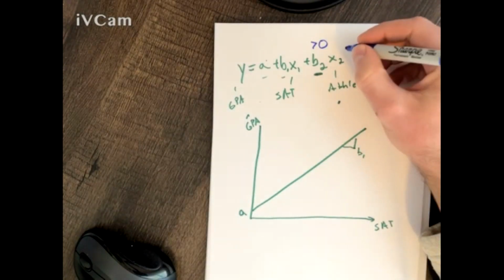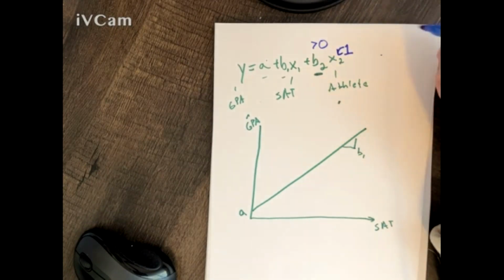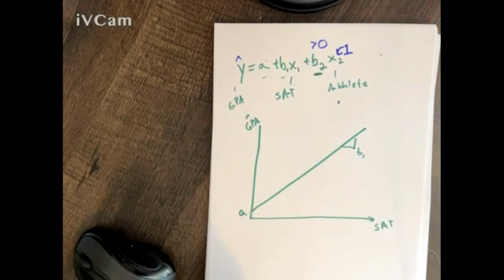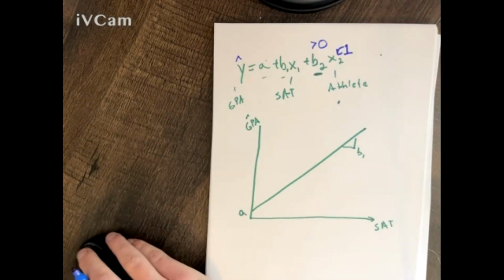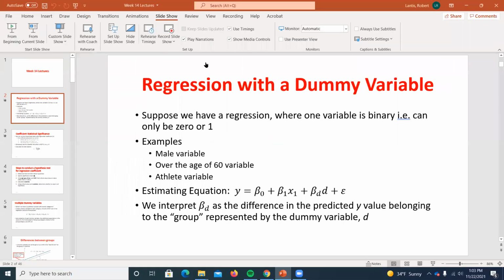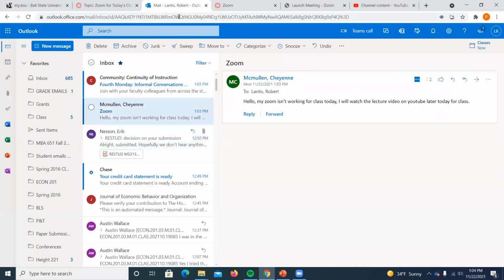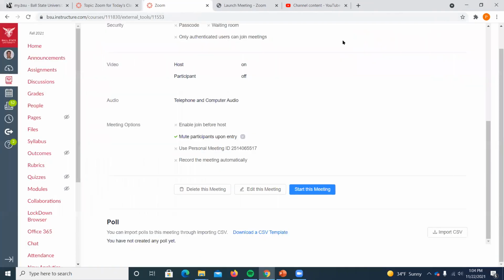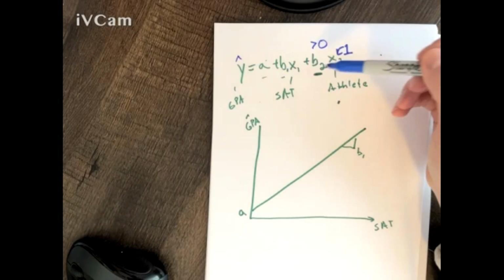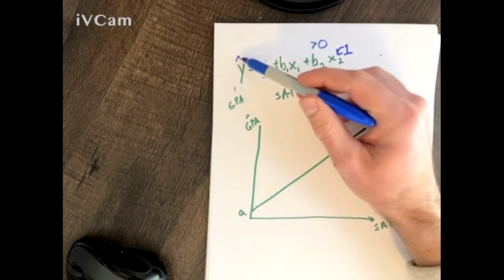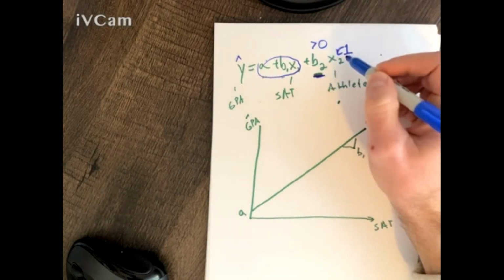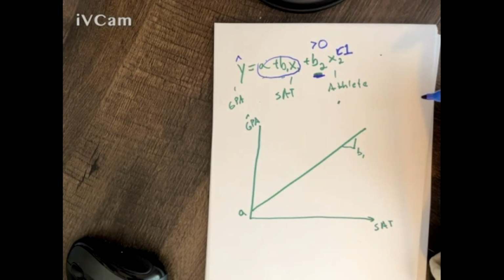So whenever this variable becomes a 1, whenever the person is an athlete, my predicted GPA will be exactly what it was before. So now, when the person is an athlete, I'll have the exact same prediction that I did before, but it'll be adding in 1 times whatever the coefficient on the dummy variable is.